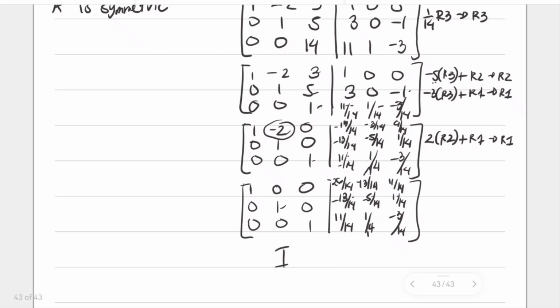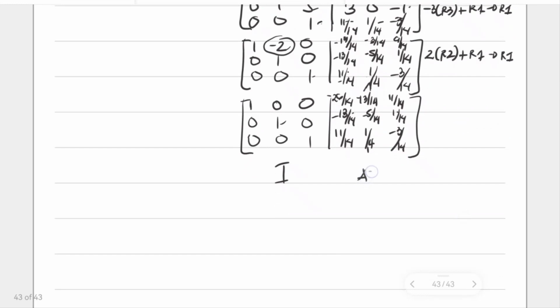Let's check if this is really symmetric, or let's just try to rewrite it here. So the inverse of A, so you have negative 26 over 14. A little bit of space. Yeah, let's have it a little bit bigger. So you have negative 26 over 14, negative 13 over 14, 11 over 14.